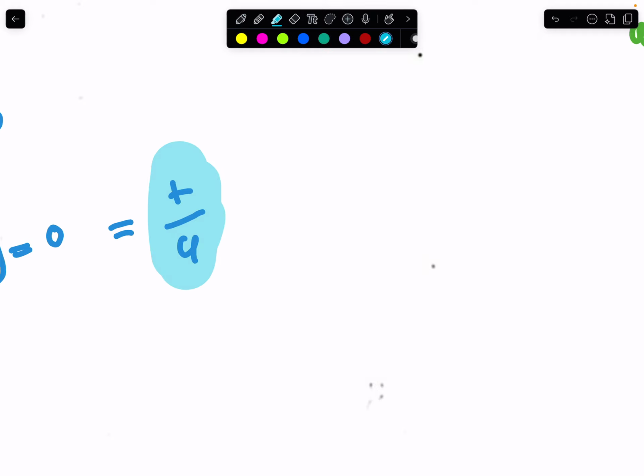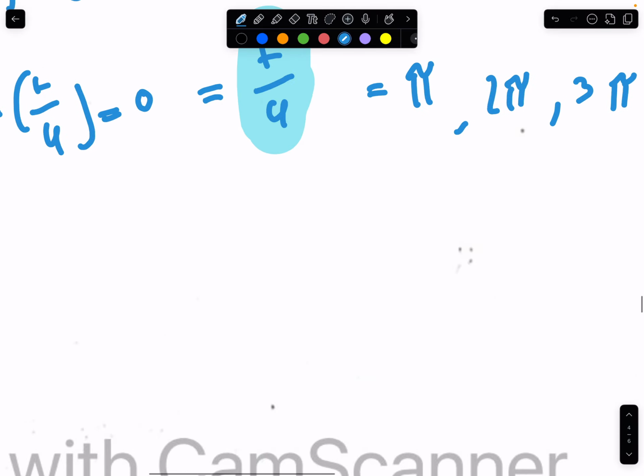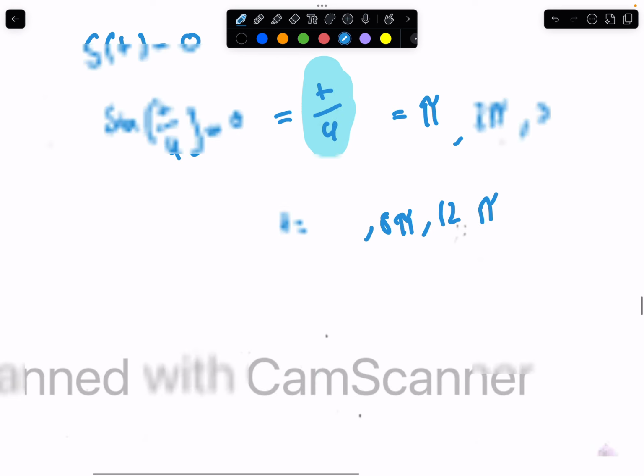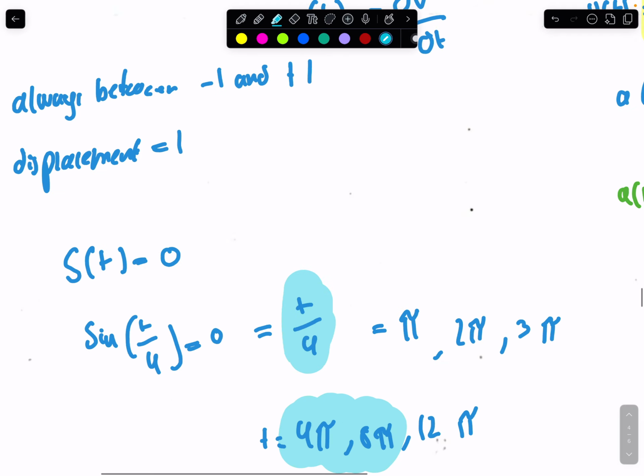According to the graphs, t over 4 can equal pi, 2 pi, 3 pi, and t can equal 4 pi, 8 pi, or 12 pi. And we take the first two, which is 4 pi and 8 pi.